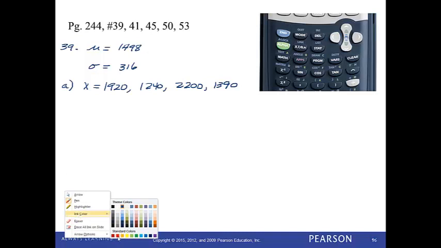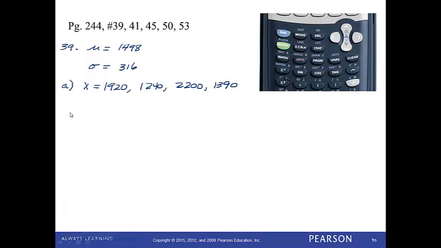So one at a time we're going to use the formula, and we're going to transform these to a z-score. So remember, z is going to be equal to x minus the mean over the standard deviation. Let's start with the first one. So z equals 1920 minus 1498, all divided by 316.